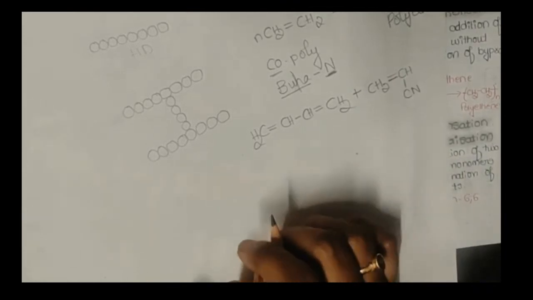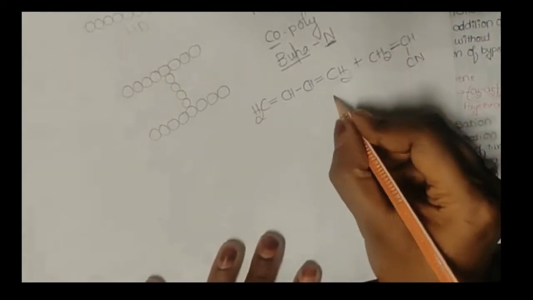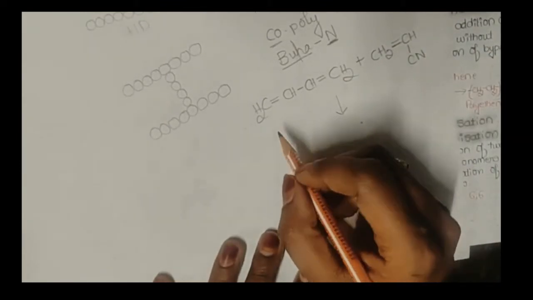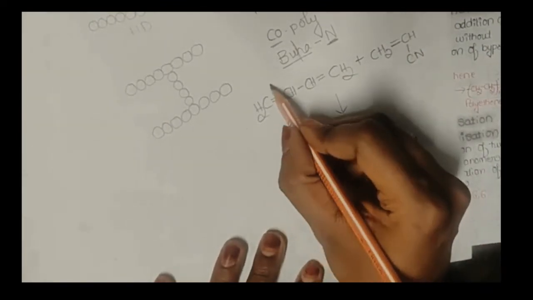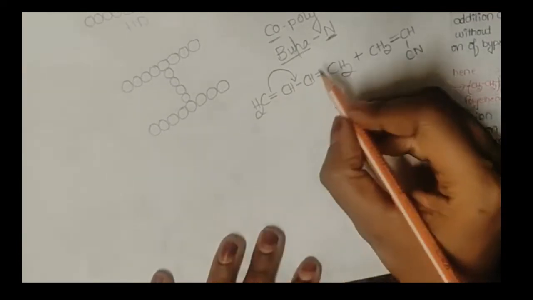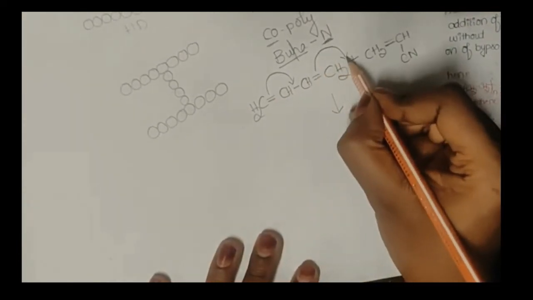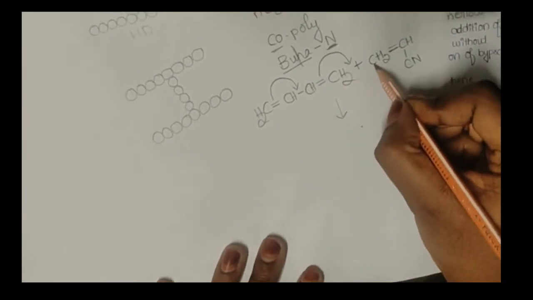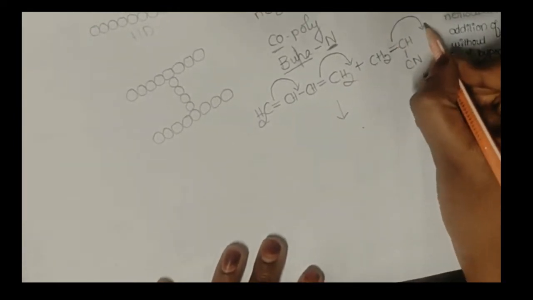So what will happen here? It is very simple, as I have said, the pi bonds are getting delocalized in addition polymerization. So this pi bond will shift here, and this pi bond will form a bond between this carbon atom and this carbon atom. So this pi bond will extend here.